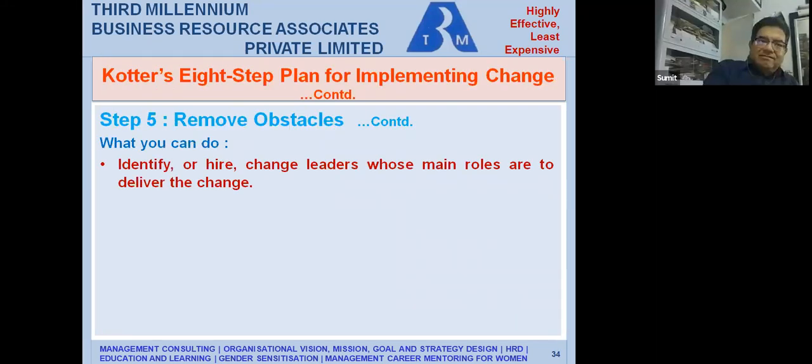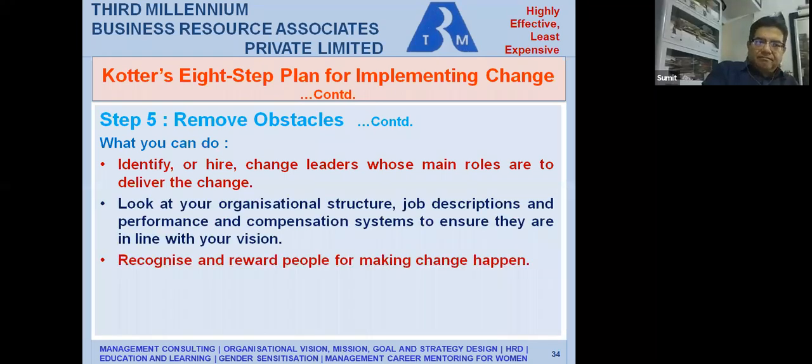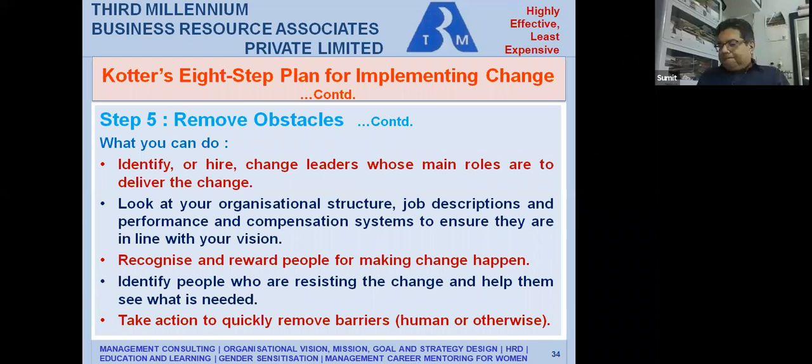What can you do here? So there are some people who are very good change leaders. If you have them, you have identified. If you don't, then hire some. And in fact, hiring of OD consultants is also part of this point.